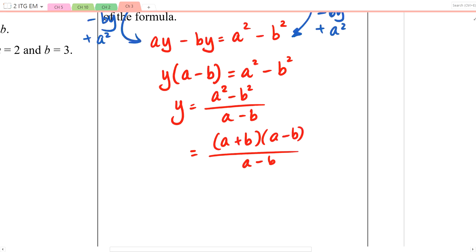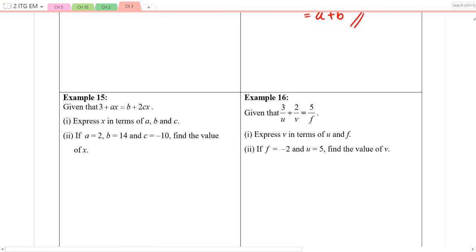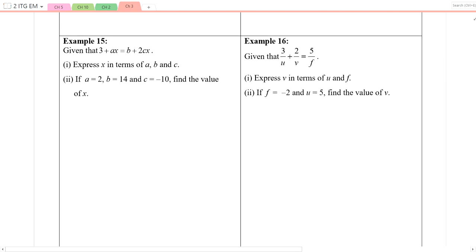So from here, we are now left with a plus b. That's it. Okay, you get to do example 15 and 16 yourself.